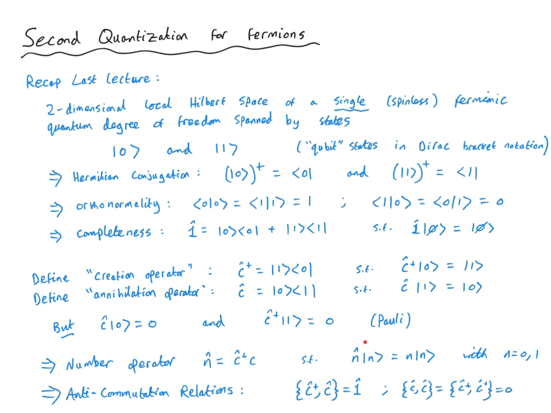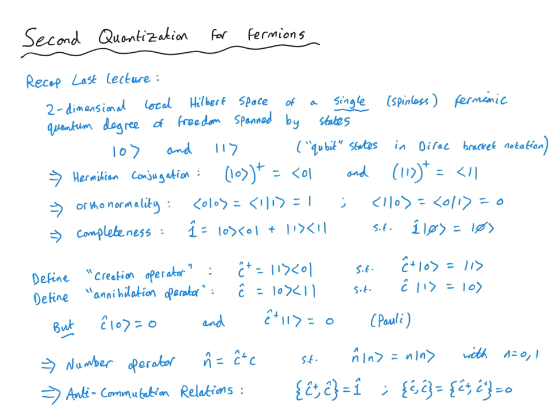So we see from this equation that these basis states, these qubit states, are actually eigenstates of this number operator. In fact, that's why we call it the occupation number formalism. That's a slightly more telling phrase than calling it second quantization. And that's why we labeled these states by 0 and 1 in the first place, precisely because they are eigenstates of this thing called n hat, which is the number operator.